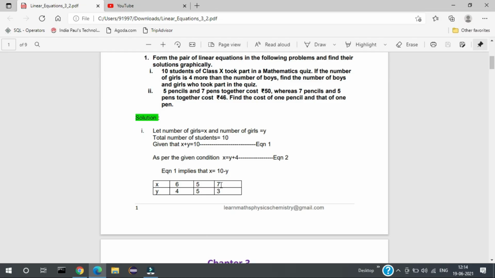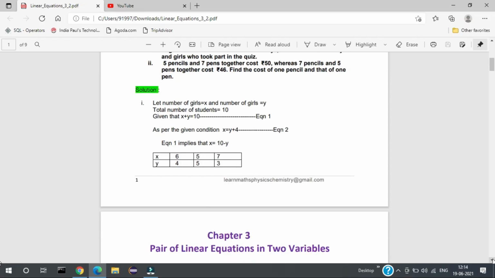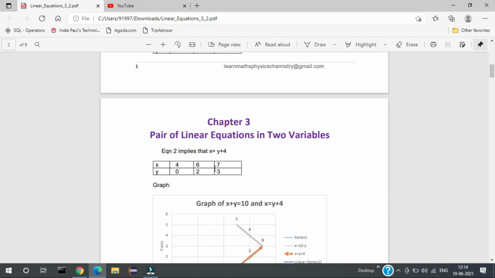So from the first equation we got these values. Coming to the second equation, x = y + 4. When y equals 0, x will be 4. When y equals 2, x will be 6. When y equals 3, x will be 7.